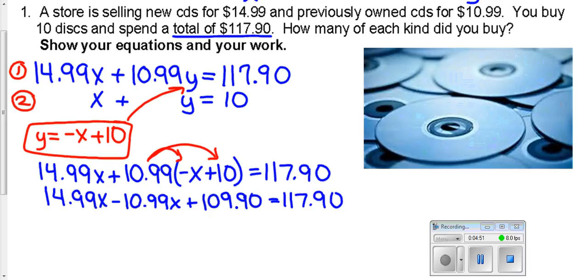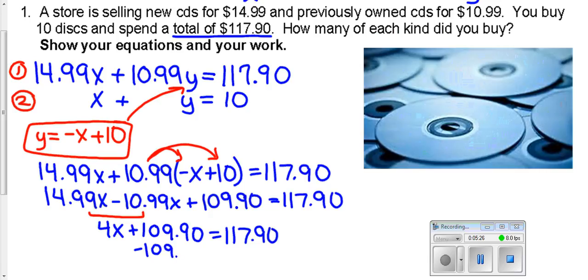All right, so now the next thing I'm going to do when I'm solving an equation is combine like terms. I'm going to combine these two terms right here because they have the same variable. So when I subtract 10.99 from 14.99, I get 4x. I'm going to bring everything else down. Now the next thing I'm going to do is subtract $109.90 from both sides.